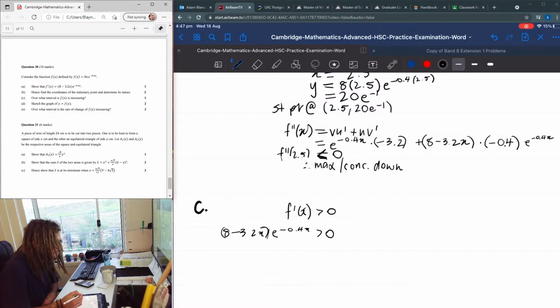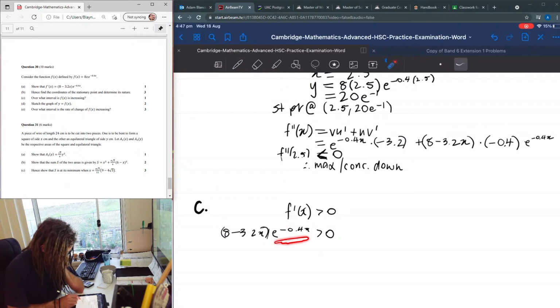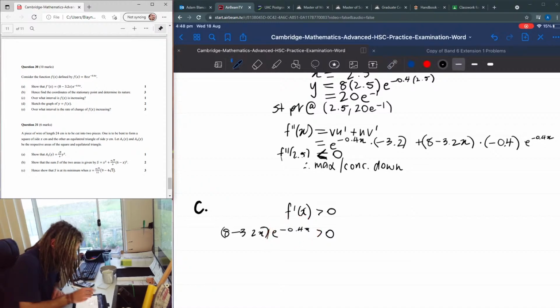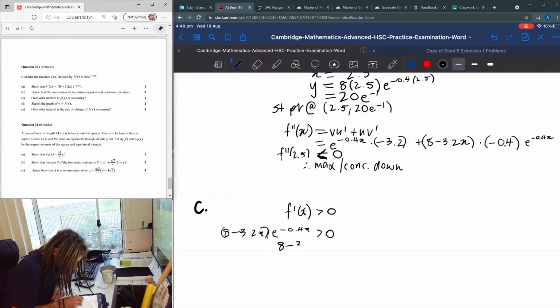I need to expand that. Well, okay, can this thing ever be negative? No, this thing can't be negative. Since this can't be negative, it's just that again.